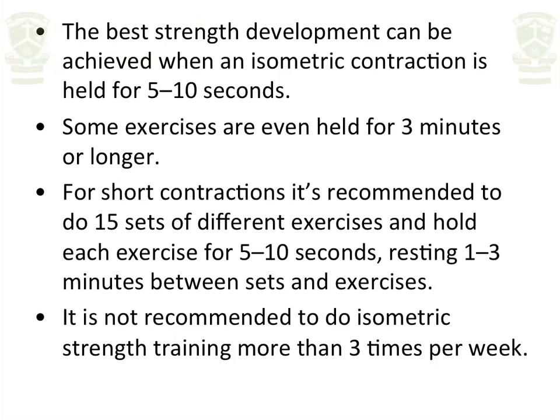And just continuing on, here are some examples of the principles behind isometric contractions. You can see there, ideally 5 to 10 seconds to get the best strength development. Sometimes exercises are held for 3 minutes or longer. And these are ones where they're exercising more than one muscle group.